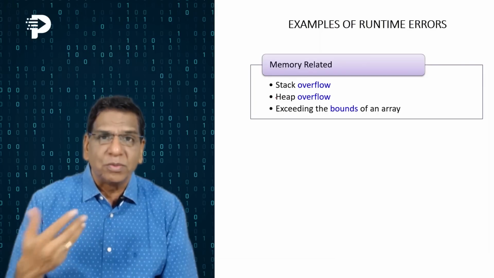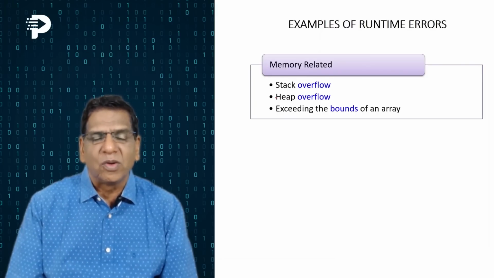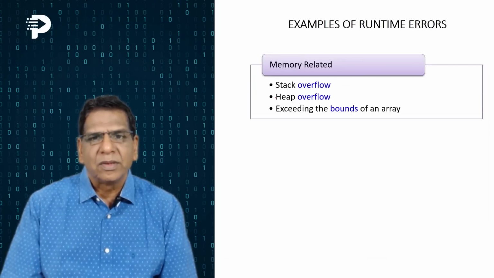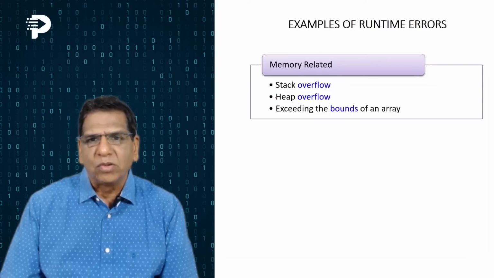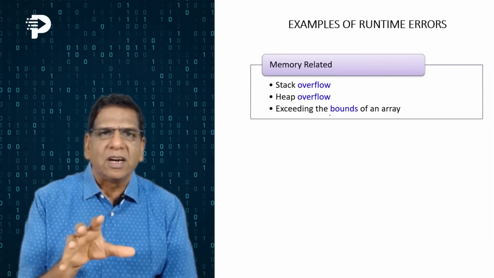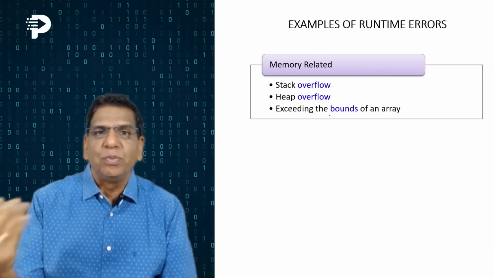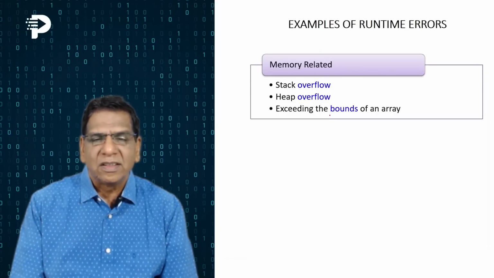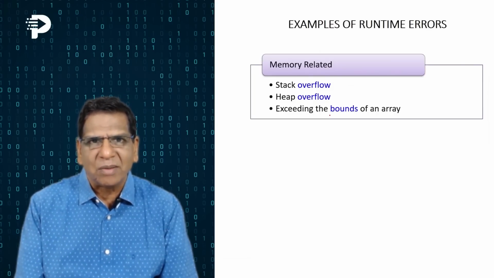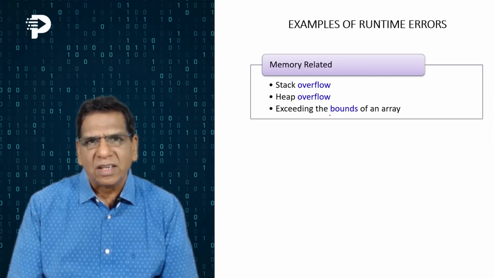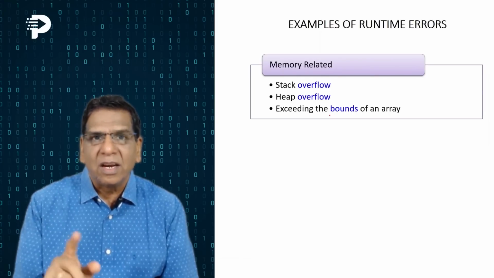Similarly, if we create so many objects that the heap gets overflown, then also an exception or a runtime error may occur. Or we attempt to exceed the bounds of an array. We have created, let's say, a 5 integer array and we try to go beyond those 5 integers. That will happen only when you execute the program, or at runtime. So that's also a runtime exception related to memory.